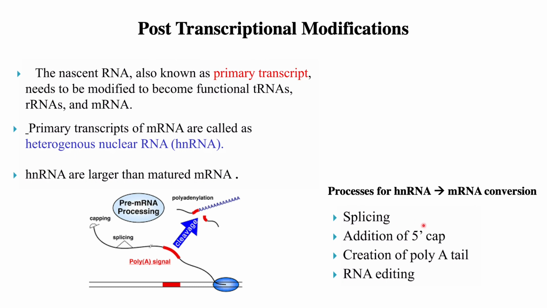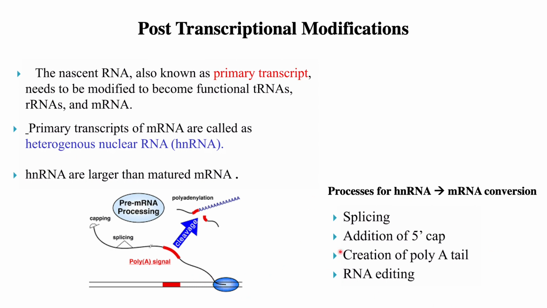So the major processes for the hnRNA to become a mature functional RNA are the following. One is splicing, then the addition of a cap at the 5' end of the transcript, addition of a poly A tail, that is a nucleotide stretch of A's, to the 3' end of the RNA, and RNA editing.